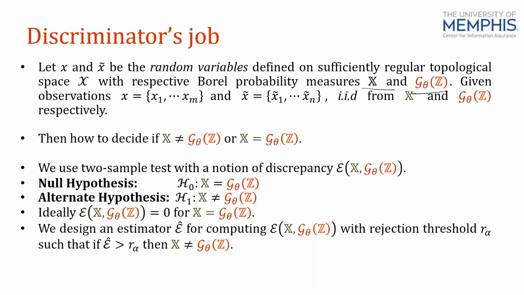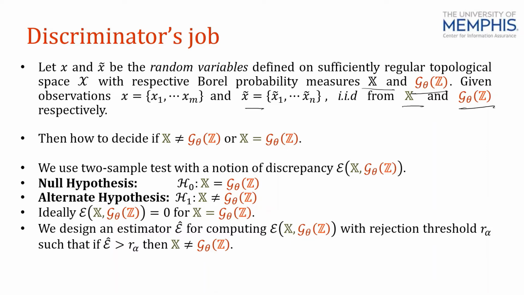We already know that script x is the distribution of the true data, or the true data distribution, and g theta of script z is the distribution of the fake samples generated by the generator. Now we took two observations, x and x tilde, where x is IID from the true distribution and x tilde is IID from the fake sample distribution.